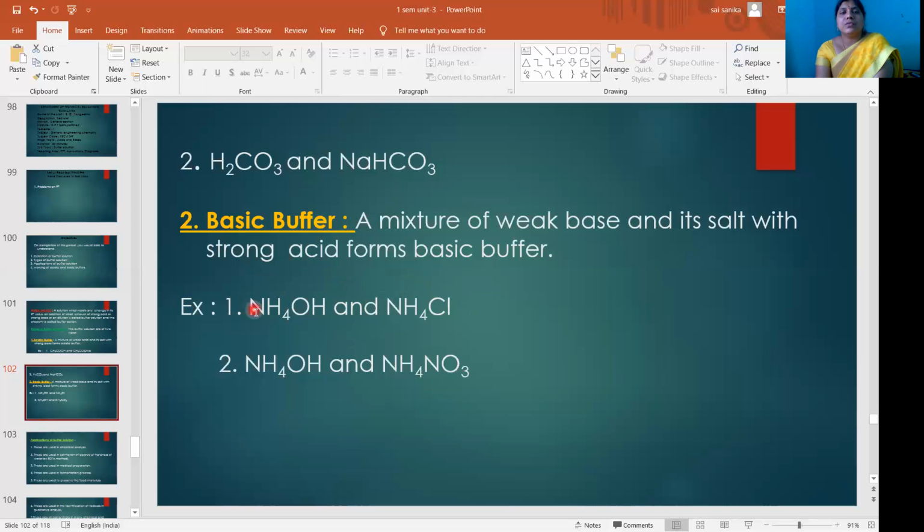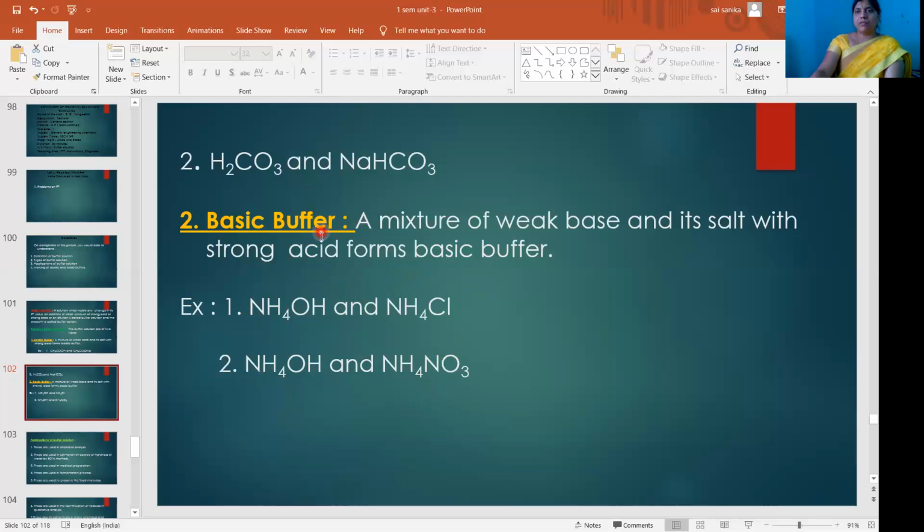The NH4OH and NH4Cl mixture is called a basic buffer. Similarly, when NH4OH combines with another acid, nitric acid HNO3, you get ammonium nitrate. So a mixture of ammonium hydroxide and ammonium nitrate is also called a basic buffer.